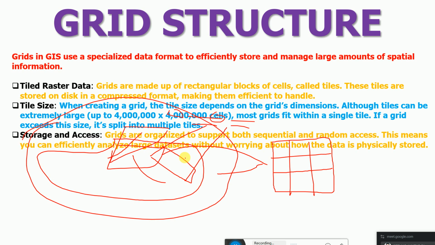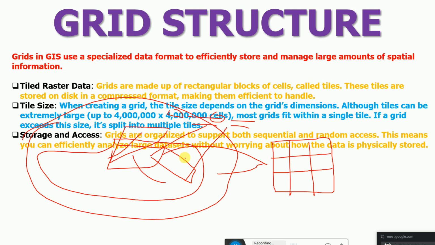Storage and access. Grids are organized to support both sequential and random access. This means you can efficiently analyze large data sets without worrying about how the data is physically stored. How data are stored in grids or pixels is a very complex thing, so our aim is not to understand how these are stored.